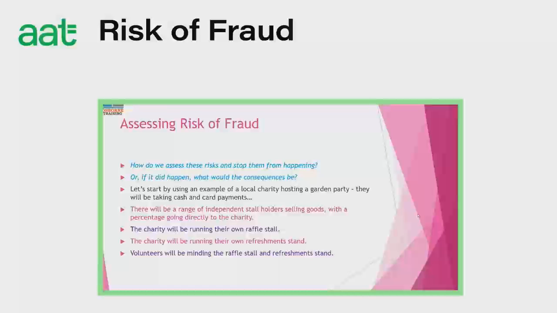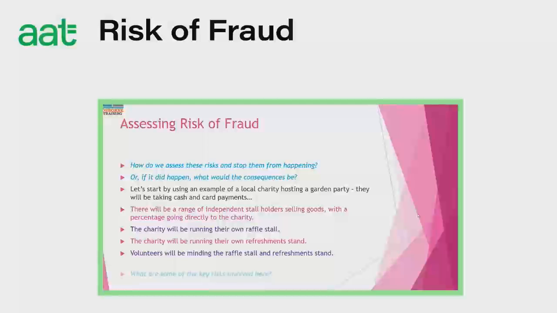The charity is going to be running their own raffle stall. The charity will be running their own refreshment stand. We're going to have volunteers minding the raffle stall and the refreshment stand.